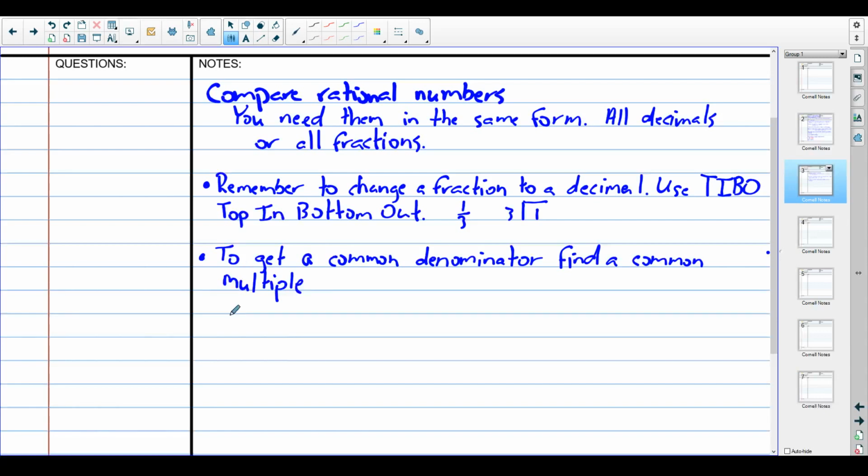Okay? And then a couple symbols we use when we compare and order. You may remember these as, I'll put these off to the side, you don't have to write them. Let's go yellow. We have Pac-Man, who eats the bigger number, right? Or there's the alligator with alligator teeth.